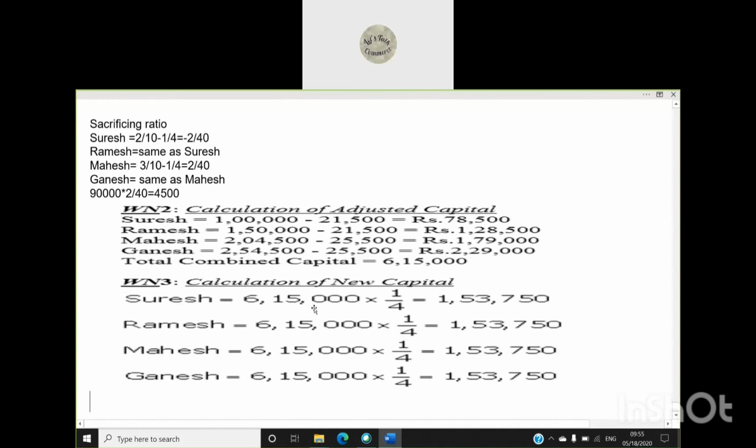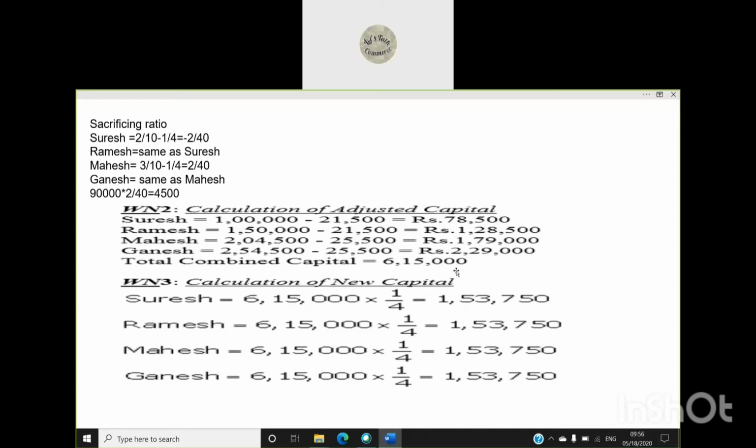Adjustment of capital. Look here how we will adjust the capital. 1 lakh minus... So these were the capitals that would have come if we had not done adjustment of capital. The total combined capital of the new firm is coming to be 6,15,000. But the question is saying that this total capital must be in the new profit sharing ratio.